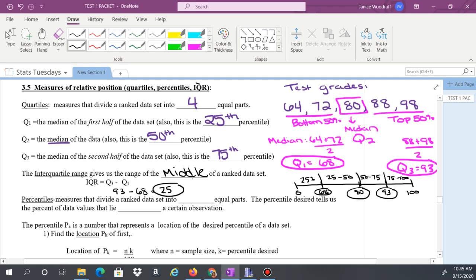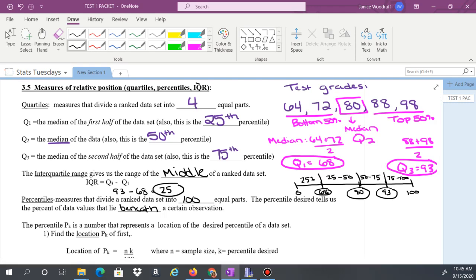Percentiles are the measures that divide ranked data into 100 equal parts. The percentile desired tells us the percent of data values that lie beneath a certain observation.